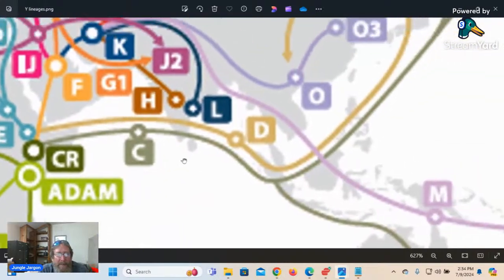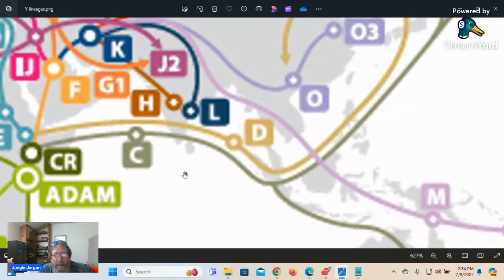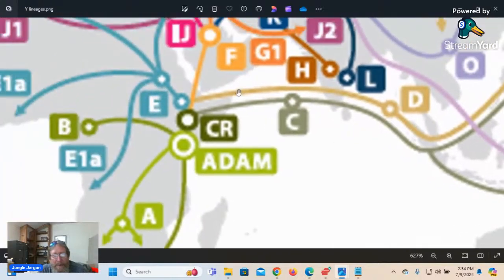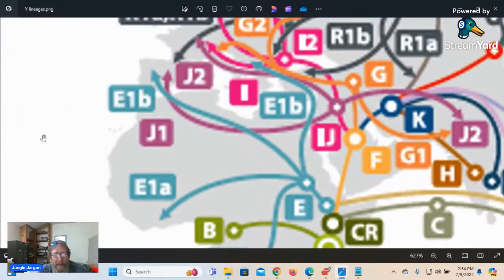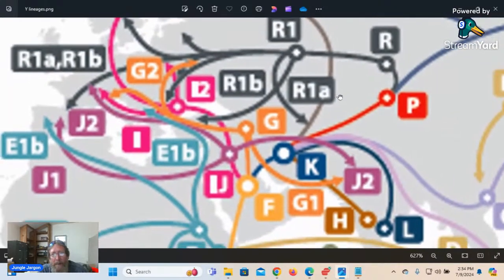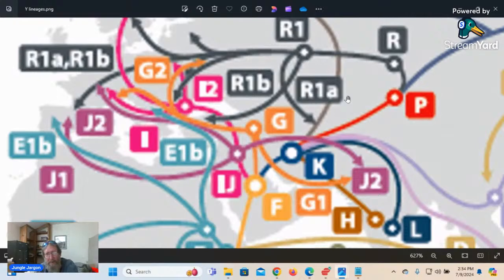And the C they have going all the way to America this way, but I'm pretty sure that the lineage actually goes through the Mediterranean to cross the Atlantic to Central America, because that's the route that all the other ones took, including the mitochondrial DNA, which was an Asian mitochondrial DNA or Eurasian.